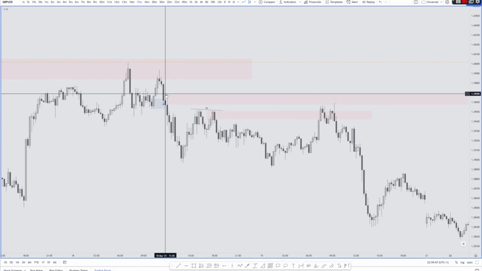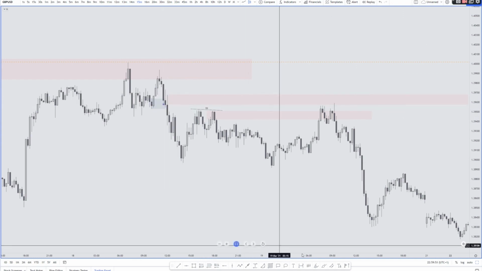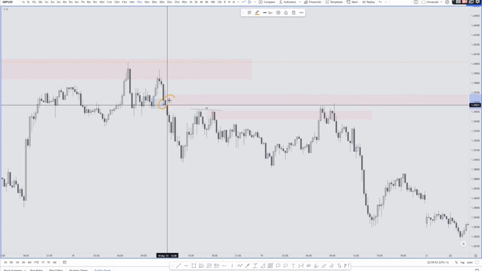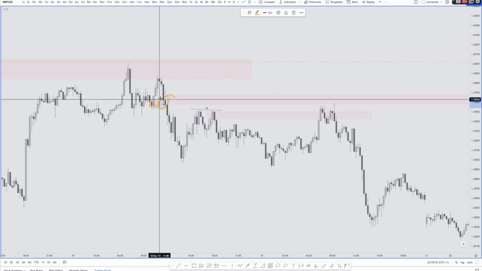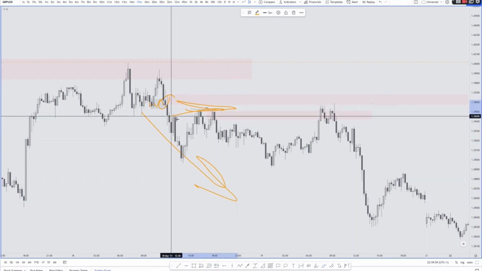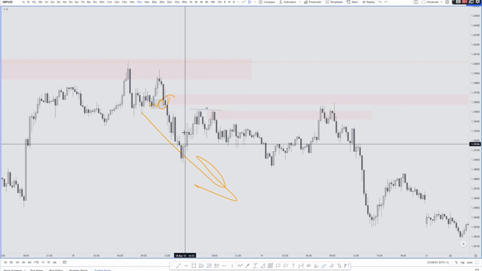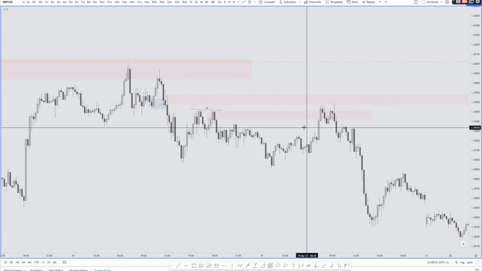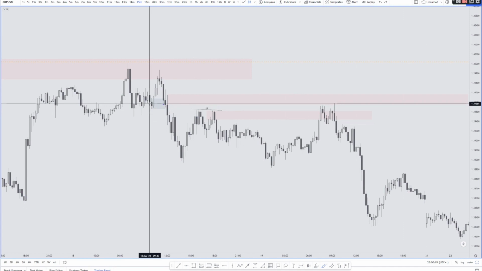Yes, you could say it started in this wick, but then this wick mitigated that wick, so now what we have is an unmitigated wick that caused this flip zone that turned us bearish, and you have liquidity here. This is what I would consider a very strong zone to trade from.